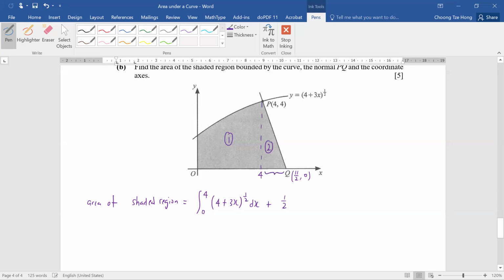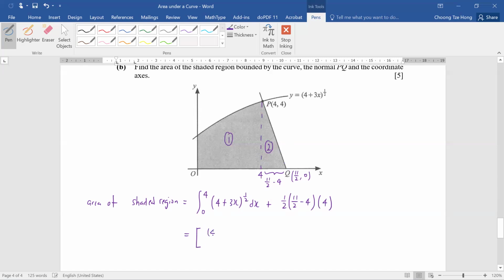The base will be 11 over 2 minus 4, and the height will just be 4, the y coordinate of P, times 4. So not too difficult.